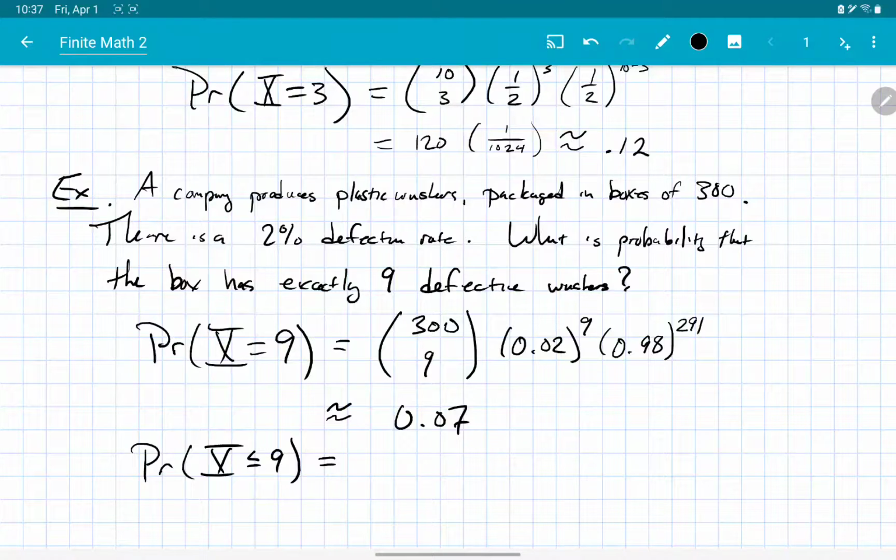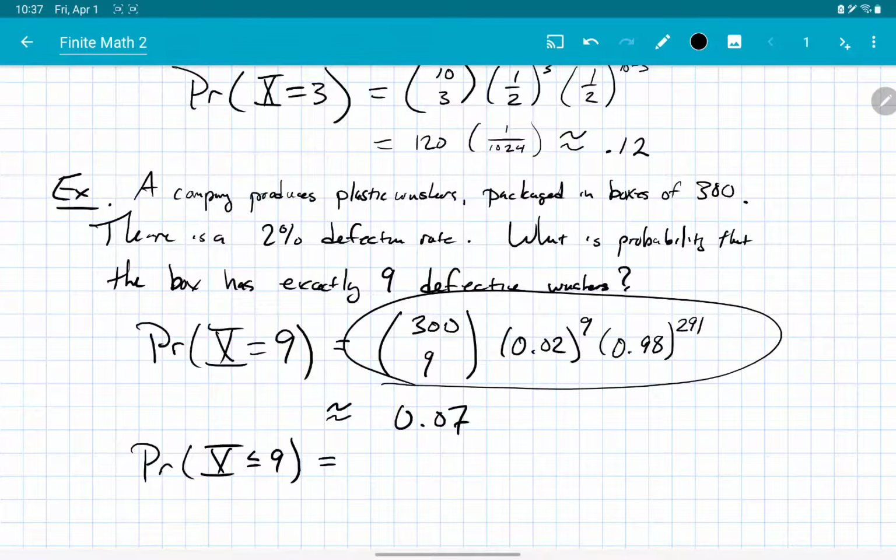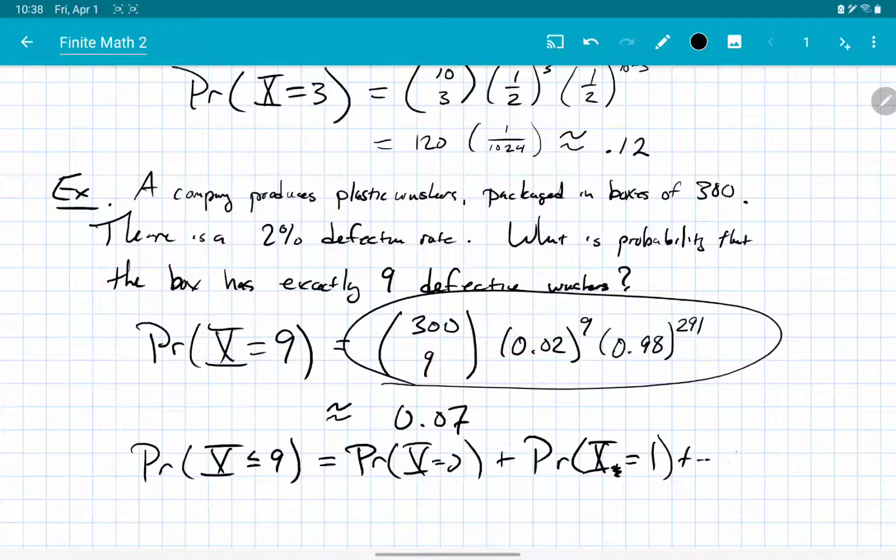To do that, you would have to do this calculation 9 or 10 times: one for 0 defective washers, one for 1 defective washer, all the way to the probability of there being 9 defective washers. So you'd have to do that formula 10 times, which is kind of a pain. That would be a long problem.